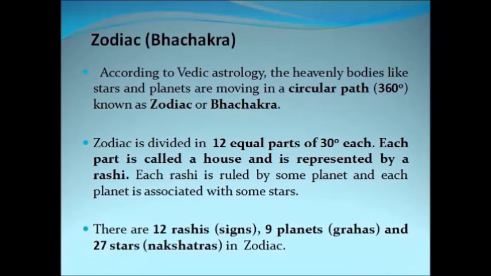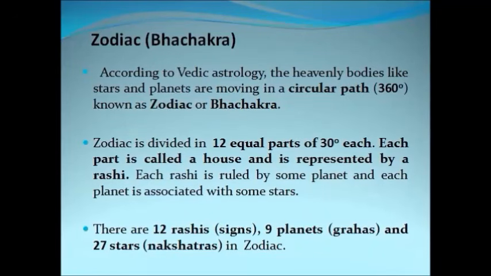Zodiac is also known as Bhachakra in Hindi. As I mentioned earlier, according to Vedic astrology, the heavenly bodies like stars and planets are moving in the sky in a circular path called zodiac or Bhachakra. Zodiac is divided into 12 equal parts of 30 degrees each.